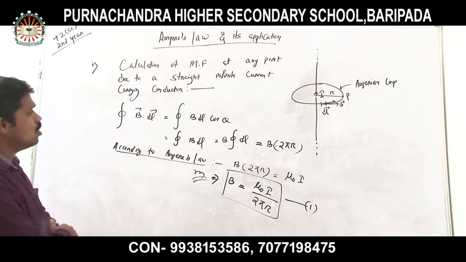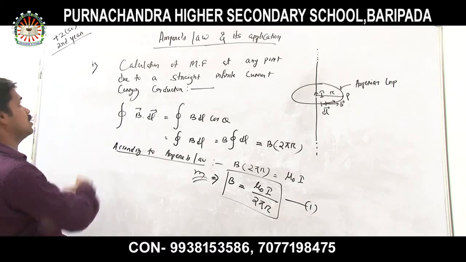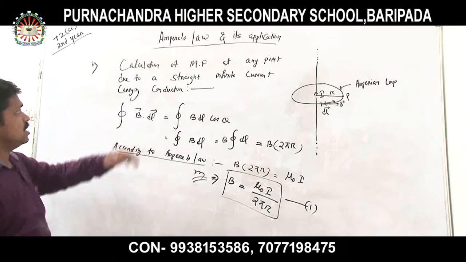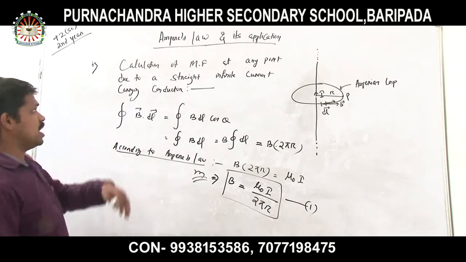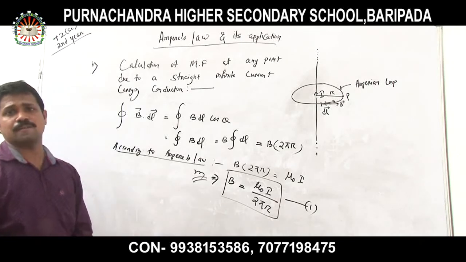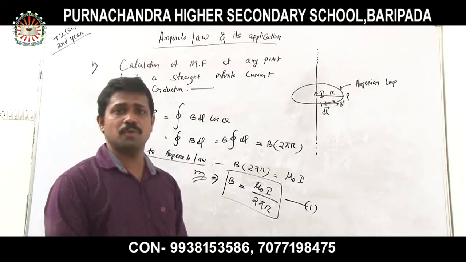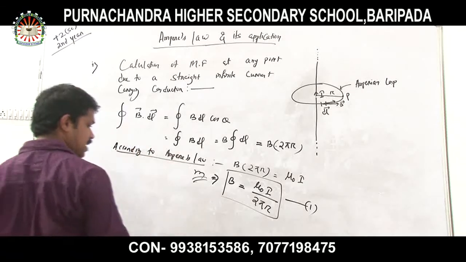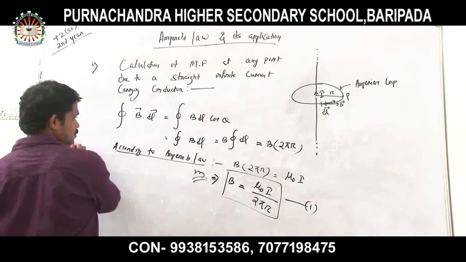So this is how we can calculate the first application, that is, the magnetic field at any point due to a straight infinite current carrying conductor. Understood all of you? Clear? So this is my first application.